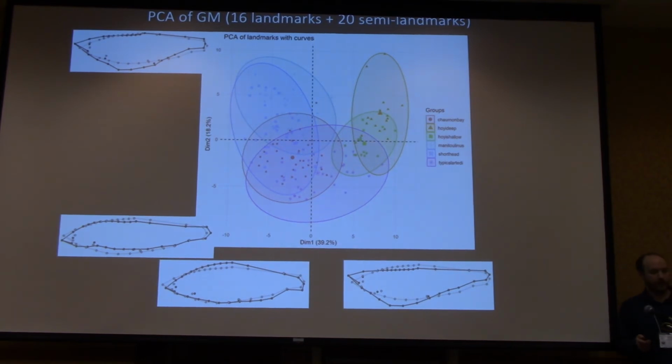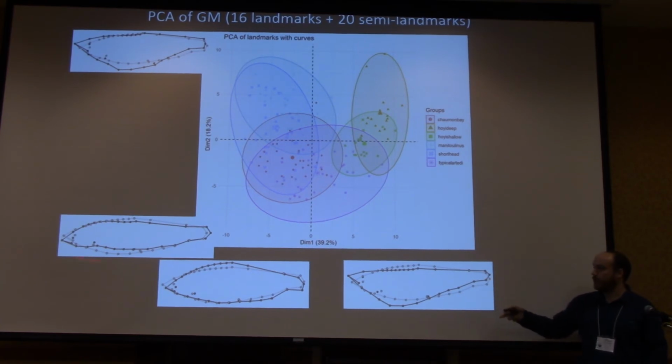So for the geometric morphometric analysis, now is where you start to see differences in the bloater. The POI collected really deep, these are the ones that were bloated, start to spread apart from the shallow morph, the ones that were collected shallow. Along this first axis, the differences in shape are captured well.